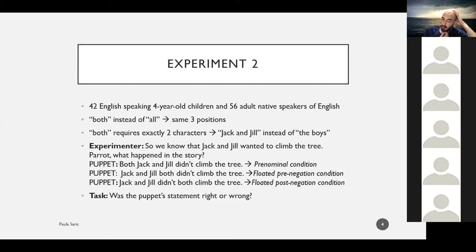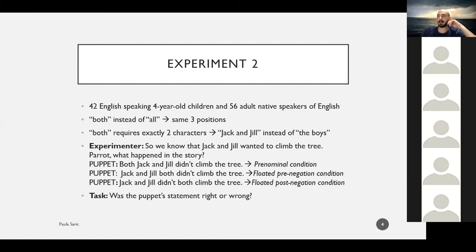non-isomorphic. If we focus on the kind of interpretation, they still prefer the both-not, which would be a stronger negative interpretation, right? Regardless of the overt scope in the sentence.